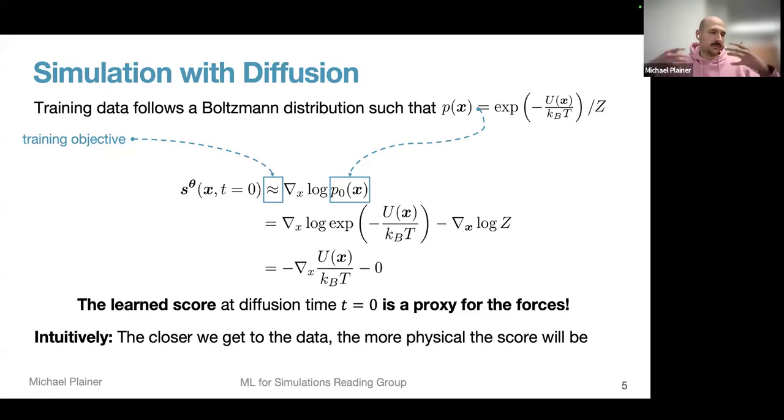So when we think about this process, we start from some noise, and then step by step, we go closer to the samples. And what happens as we get closer and closer to zero, the score kind of becomes more physical until eventually it's actual forces. And in the end, it's just doing basically a few steps of MD simulation or something very similar to MD simulation.